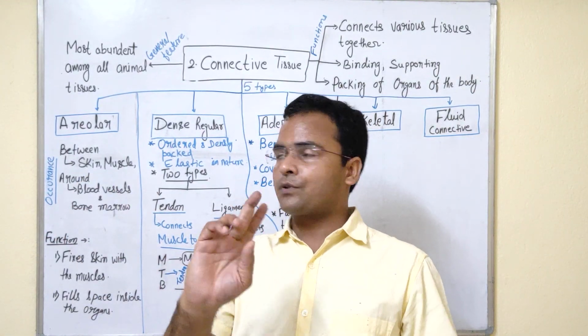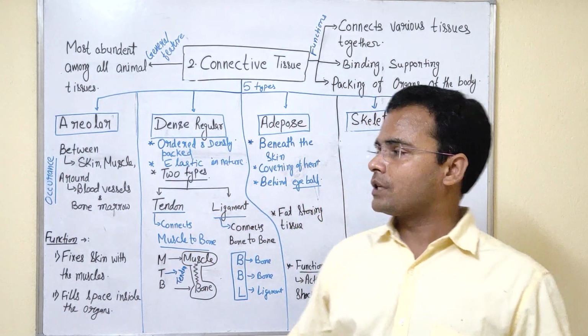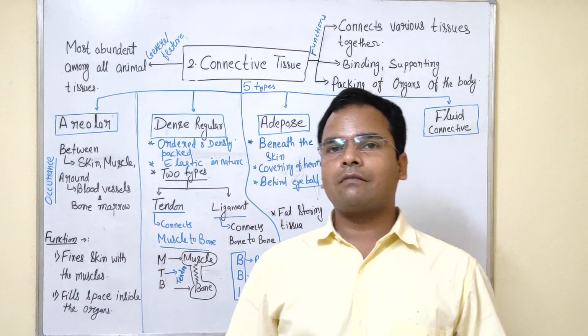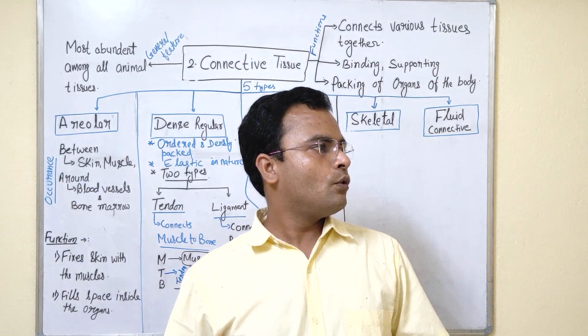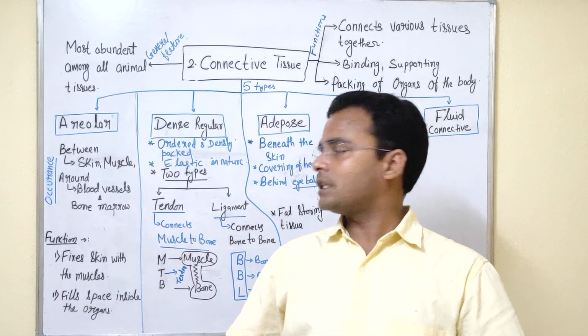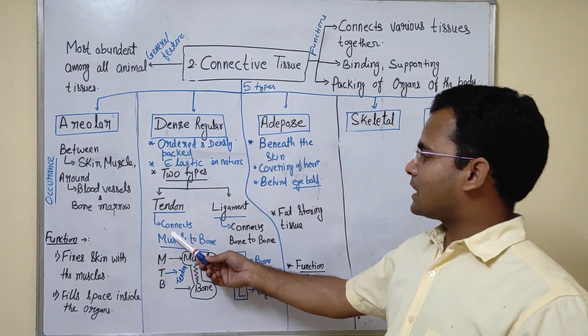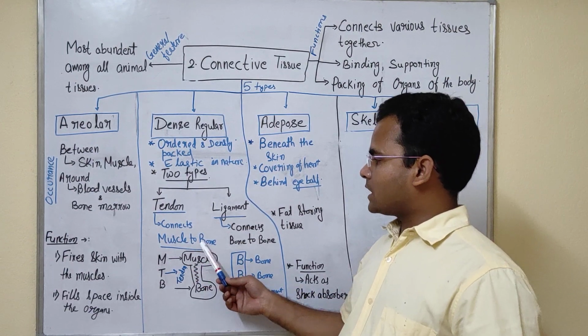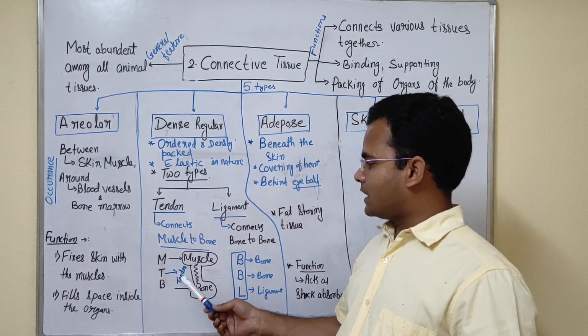There are 2 types of dense regular tissues. One is called the tendon and one is called the ligament. These are very important connective tissues which connect bone to bone and muscles to bone. So tendon is responsible for the connection of the muscles to bone. Muscles to bone is connected by the tendon.